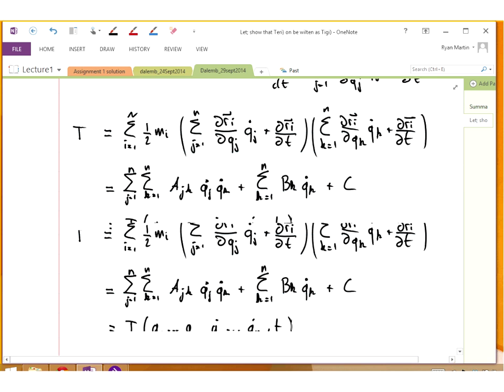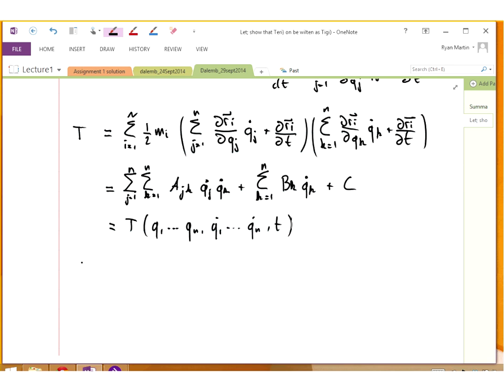Now things simplify a little bit if the coordinate transformations don't depend explicitly on time.